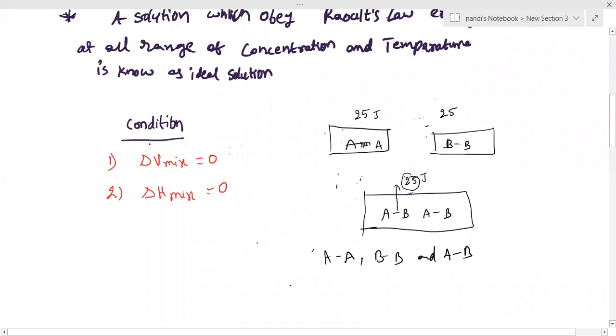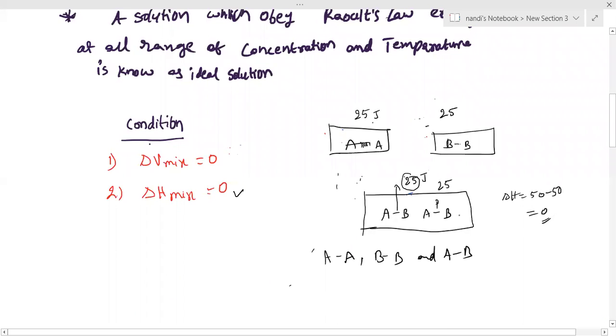In those cases delta H mixture is going to be 0. You can check: here 25, 25, and here also I'm going to get 25. What is the total sum of the delta H? Delta H equals 50 minus 50, 0.